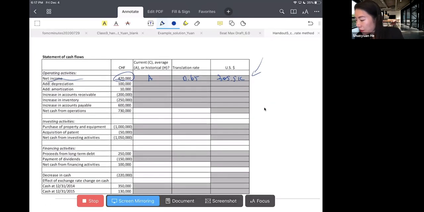And for all of the other operating activities, we use the same rate as in our income statement, which is the average rate.